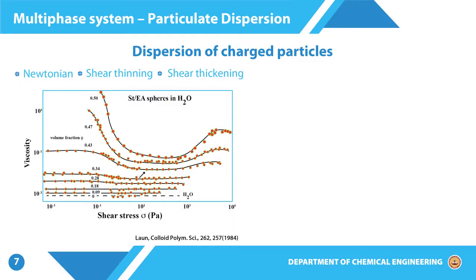There may also be hydrodynamic interactions between the two particles, and so these additional interactions lead to additional dissipation, in turn leading to higher viscosity. So, therefore, higher viscosity is observed.